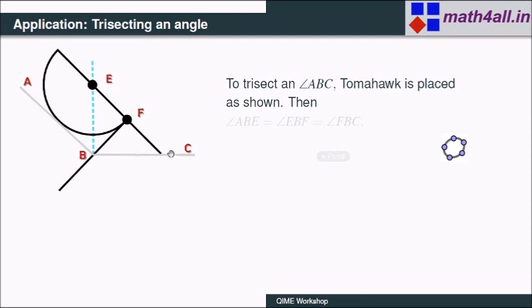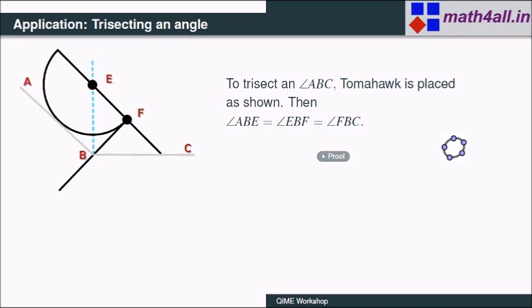Those are the three angles which are equal, and that can be proved very easily using elementary geometry. Okay, so this is how the tomahawk is used to trisect an angle into three parts.